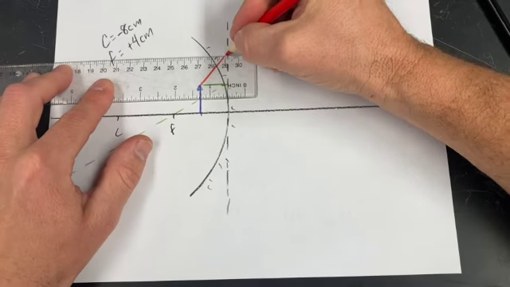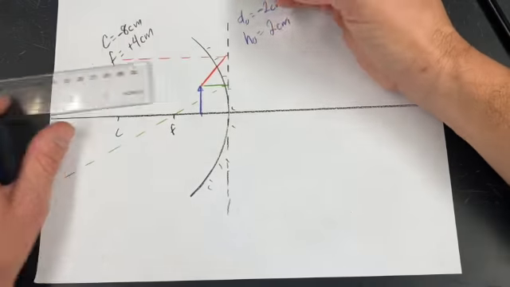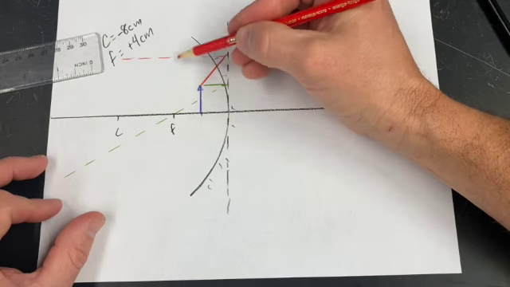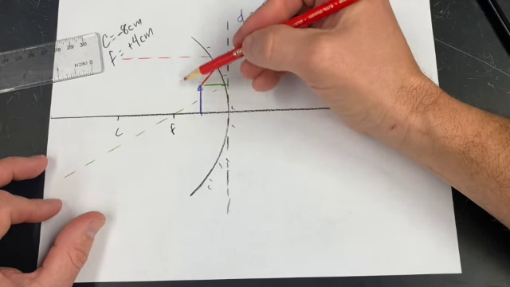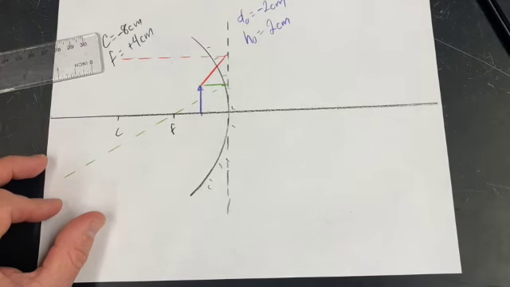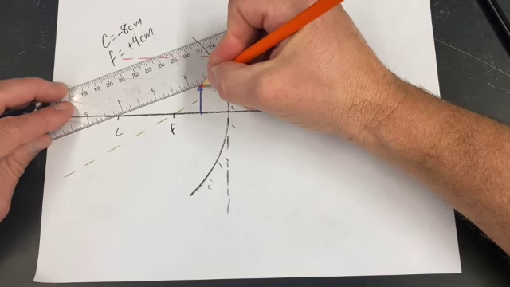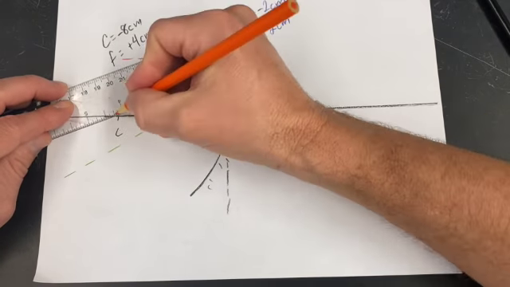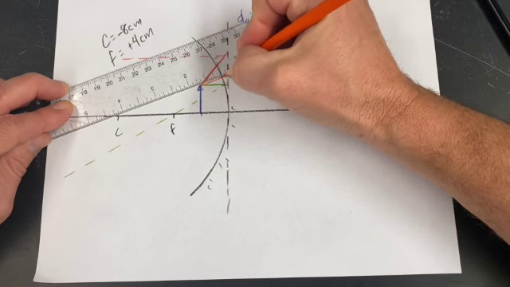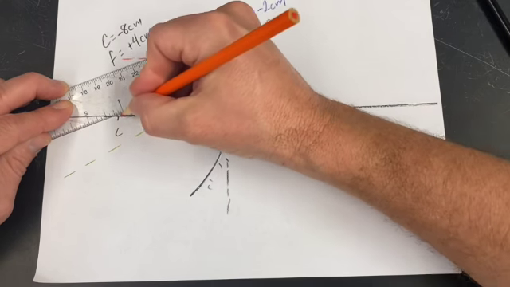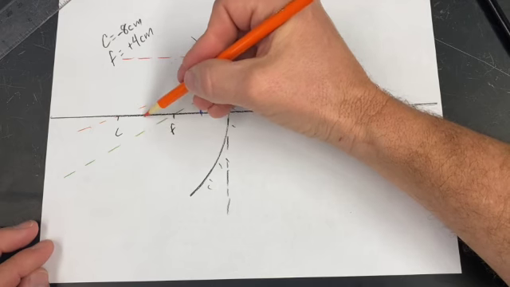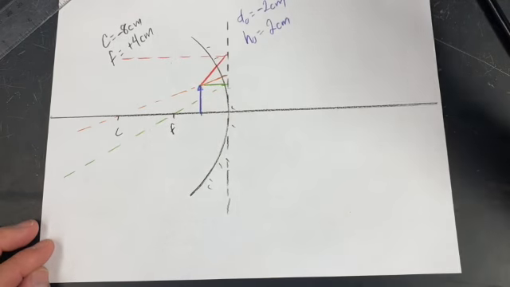And I'll go out. And I can already see when I do this that we have diverging reflected rays. But let's get one more in there, and that is through the center of curvature. Extending through the center of curvature, and I back the reflection, and still they're all diverging. There's an angle here. These aren't parallel.